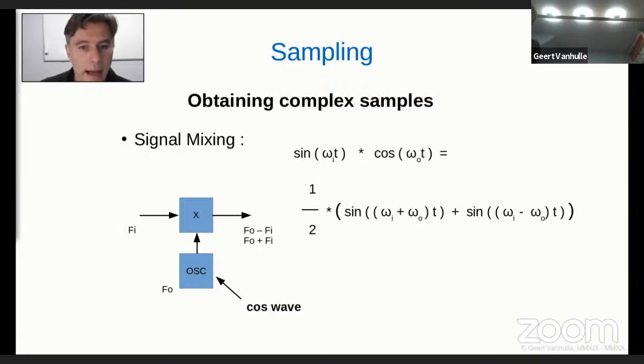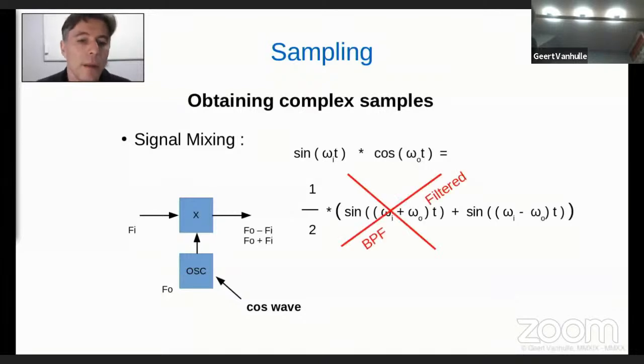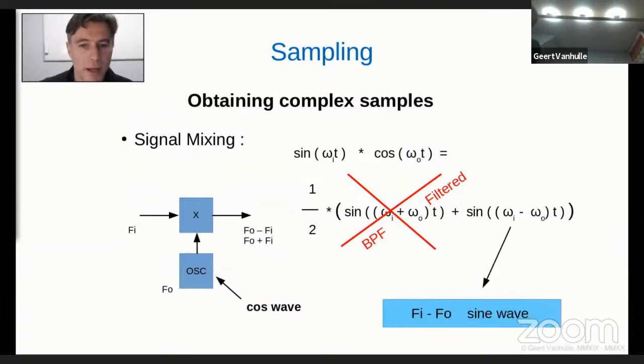Now here again, adding the low-pass filter mathematically is the same as deleting the summation function of the two rotating angles. So this part of the formula will disappear, and we are left with the input frequency minus the output frequency, but now we get the sine wave.